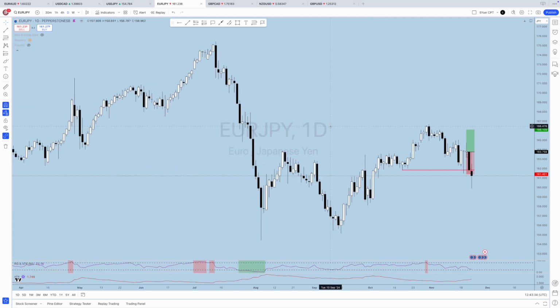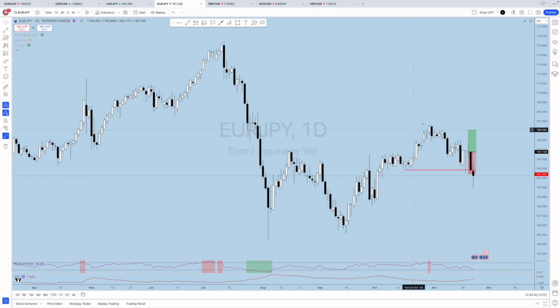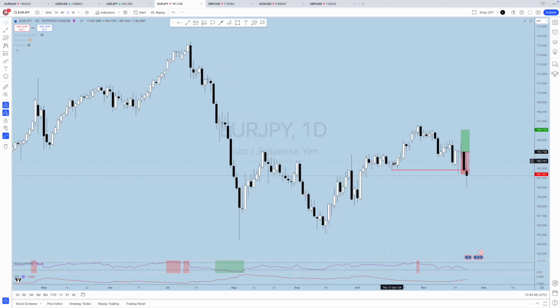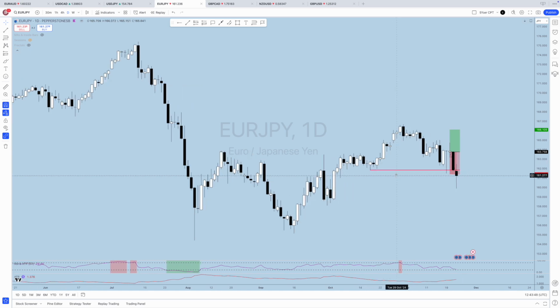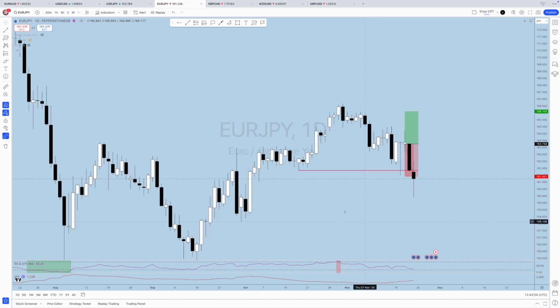Again, starting from the daily, price made a huge move down, then consolidated a little bit and broke to the upside. So broke this level, which for me essentially means it's starting a new uptrend. Because it's starting a new uptrend, I was looking for longs at this point.